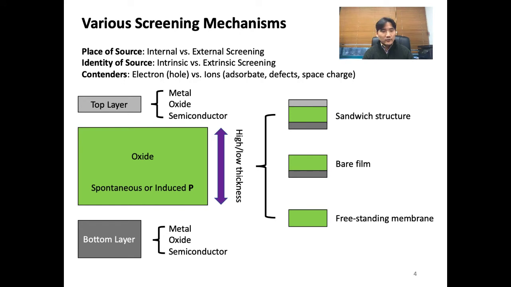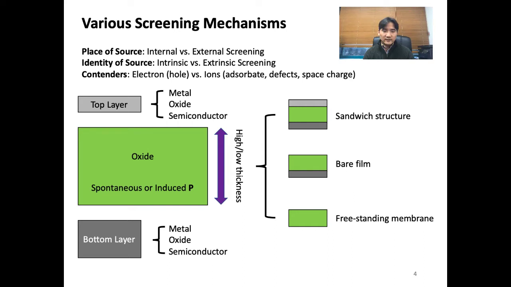So for those who are not familiar with the terminologies, I'd like to briefly introduce them on this slide. So here you can see the oxide, which is the green part in the slide, the rectangle there, and you have top layer and bottom layer.